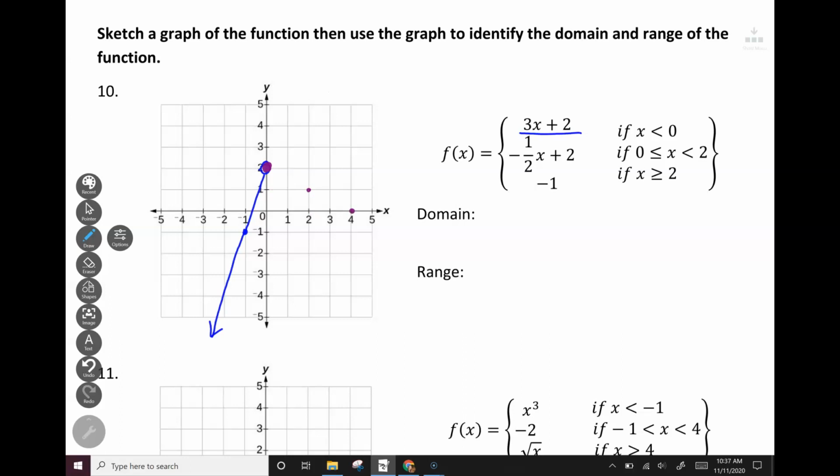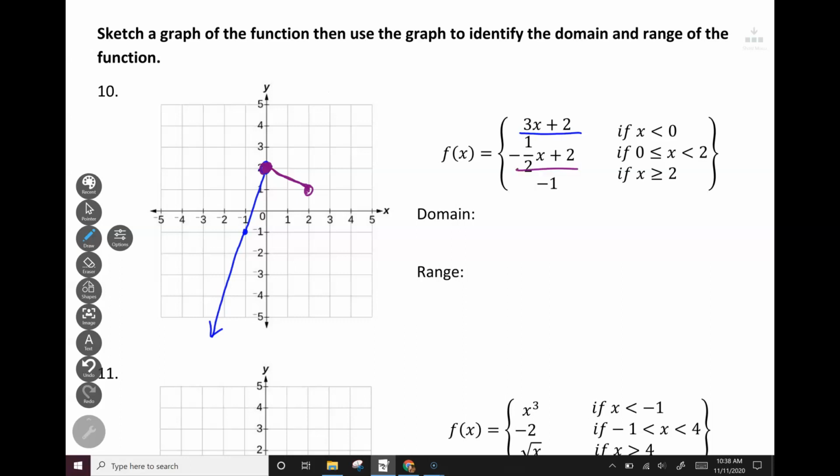Okay, and that's that line. But look at the domain. It says for x is greater than or equal to 0, so starting here with a closed circle, and then less than 2, so I need to erase this part of my line, and I need an open circle right here because it doesn't say equal to 2, it just says less than 2.